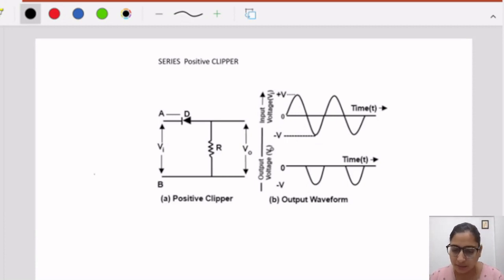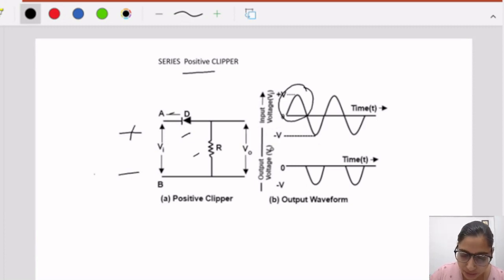Now what is happening here? The diode and the resistor are connected in series with each other, and we are clipping the positive half of the input. So this is the input cycle, 0 to plus volt. In the first half, the polarity will be plus here, negative here. So the diode negative is here and the diode positive is there. Now we can see that the positive terminal of the voltage source is connected to the negative terminal of the diode.